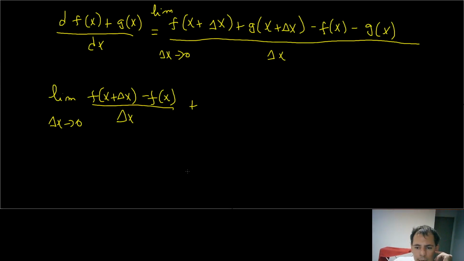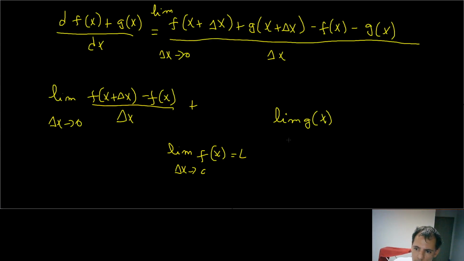Because let's just say that you have a function f of x, and the limit of f of x as x approaches, for example, 3, doesn't matter, let's just put a c then.